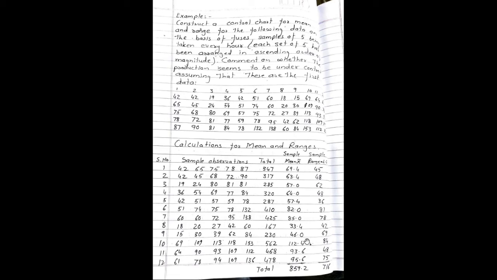To get x double bar we need the sum of the mean column. So 69.4 plus 63.4 plus 57 plus 64 plus 57.4 plus 82 plus 85 plus 33.4 plus 46 plus 112.4 plus 93.6 plus 95.6. So total becomes 859.2.